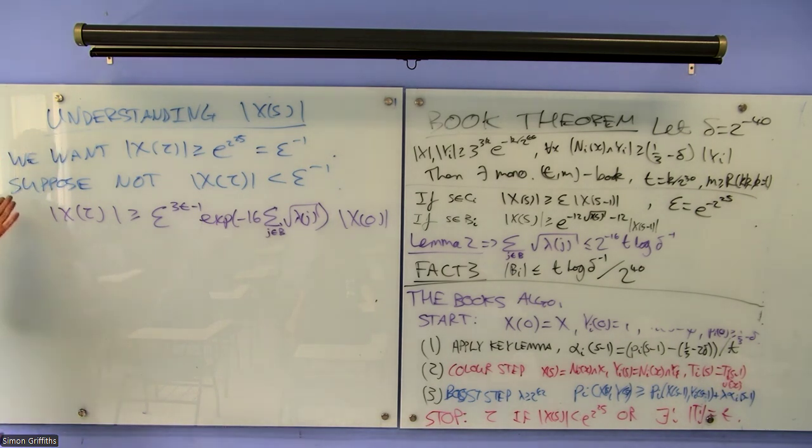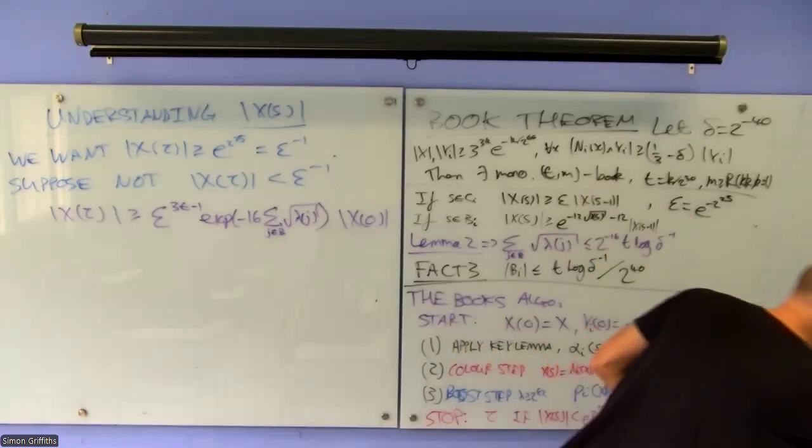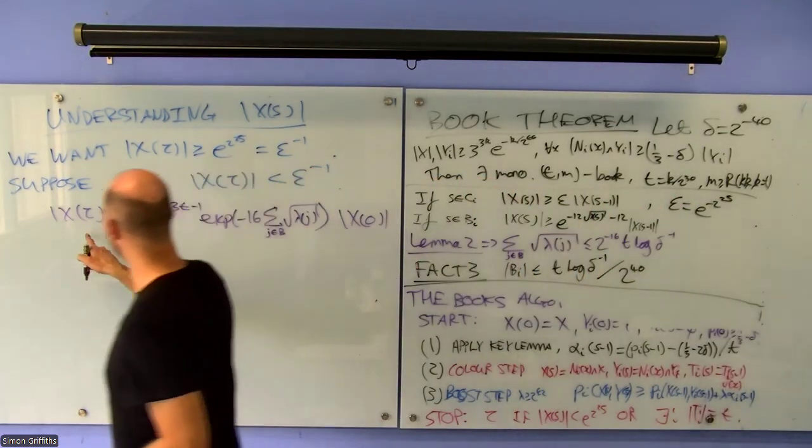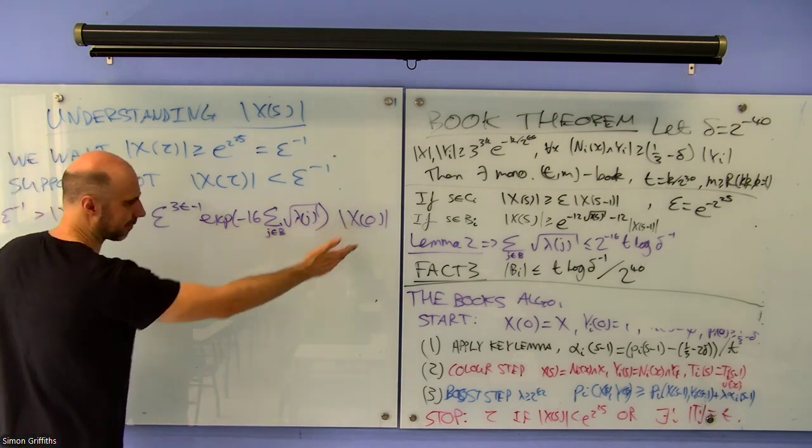Now, because we've done a contradiction thing here, we already know this is small already, so we have this. And so it's going to turn into an upper bound on x0.